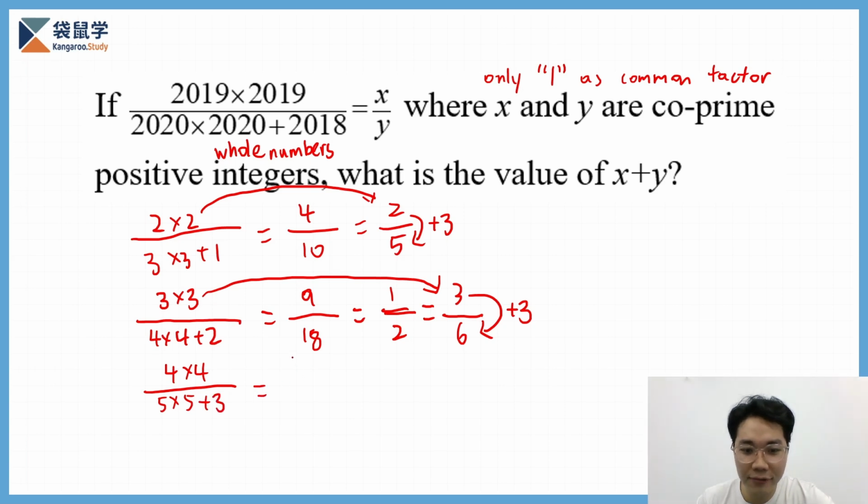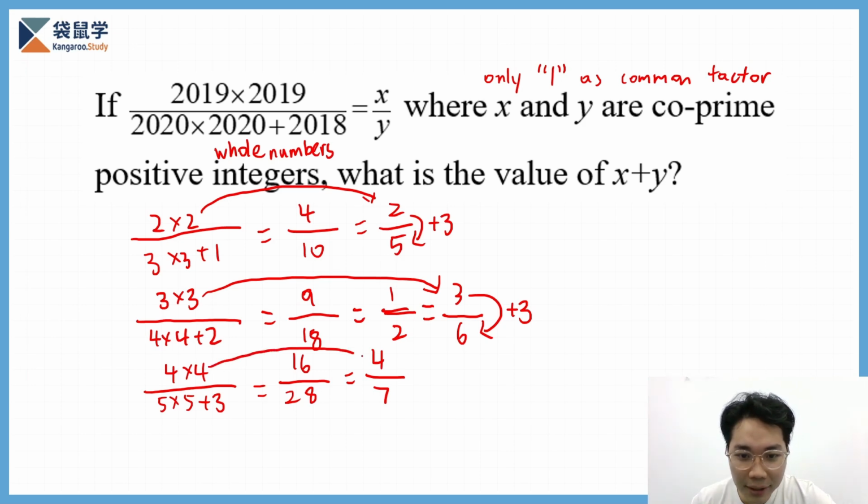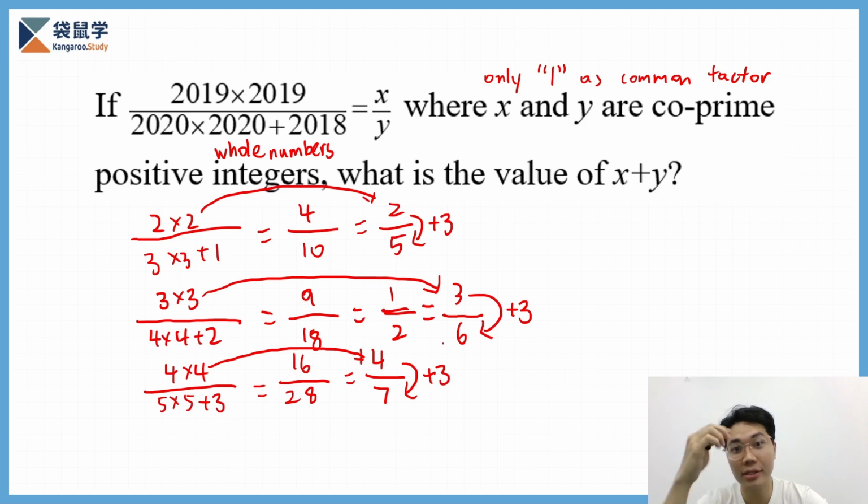And this will give us 16 over 28. We can divide by 4 and get 4 over 7. Oh, this time also directly, right? The numerator is the same, and the denominator is a plus 3.